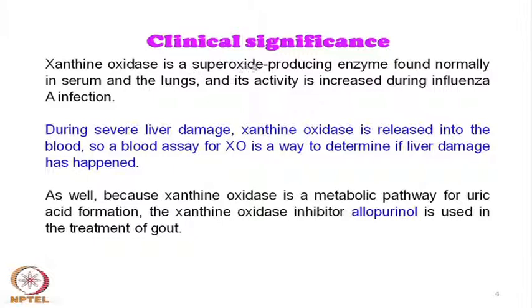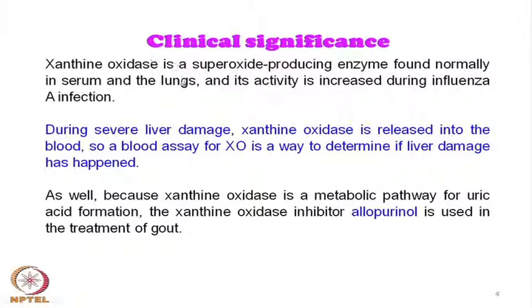In some cases, it is hydroxylating a substrate like xanthine, but in some other cases it can also produce superoxides from dioxygen molecules. If the electron is transferred to the dioxygen molecule itself, it produces a superoxide. So, we can consider this a superoxide producing enzyme as well. They are found in serum and the lungs, and their activity is increased during influenza A infection.